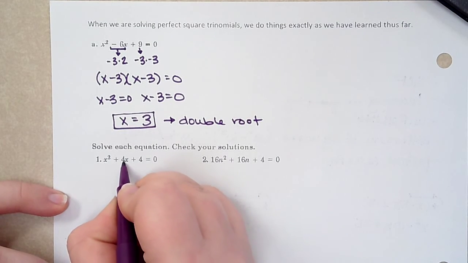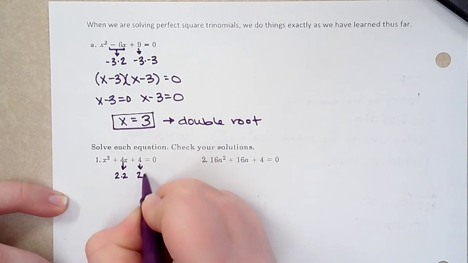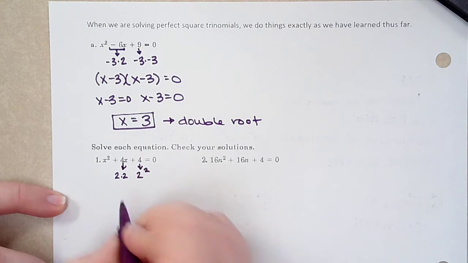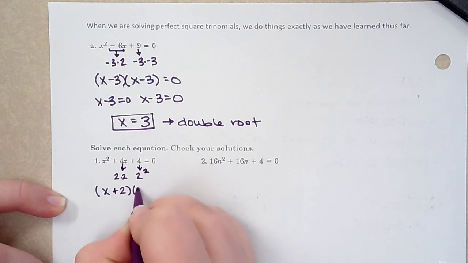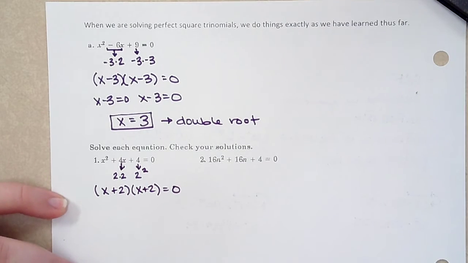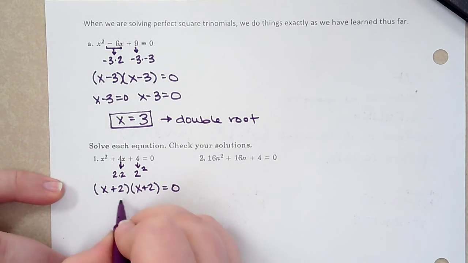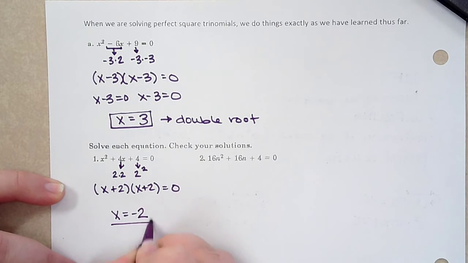These are perfect square trinomials because the middle term is 2 times 2. The third term is 2 squared. So I can put this as x plus 2 and x plus 2. I notice because it's set equal to 0, I have to solve. So when I solve one side of these, I get x equals negative 2.